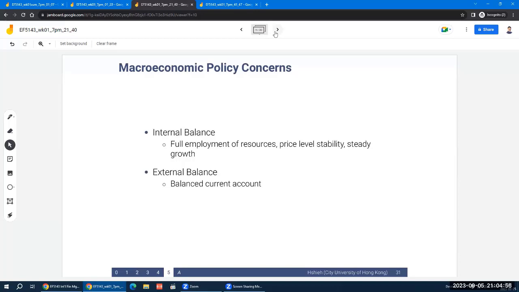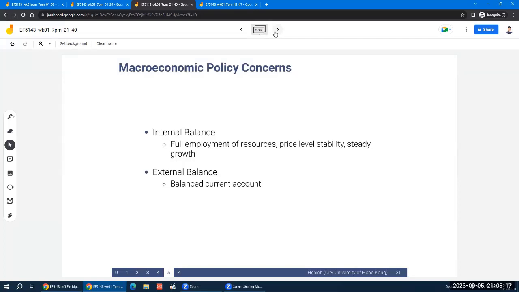Internal balance just means their objective of maximizing economic well-being within a country, and that's usually captured by three variables: full employment, price stability, and growth. I already mentioned before, every country has different demands in their internal balance.